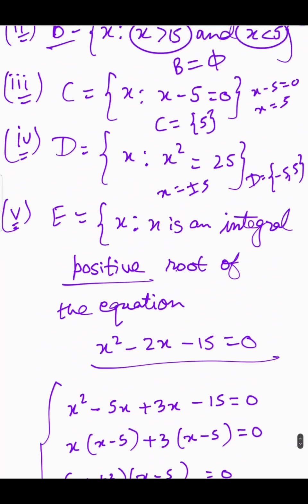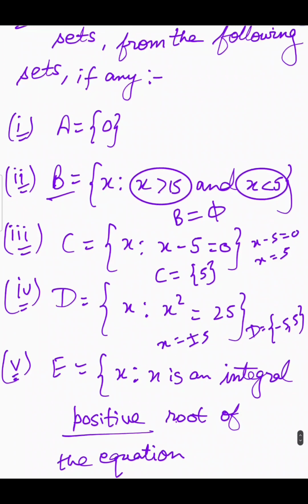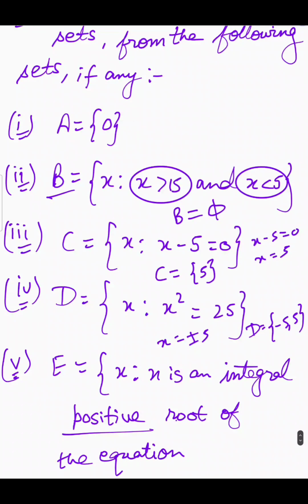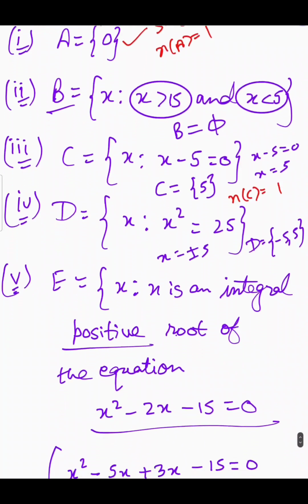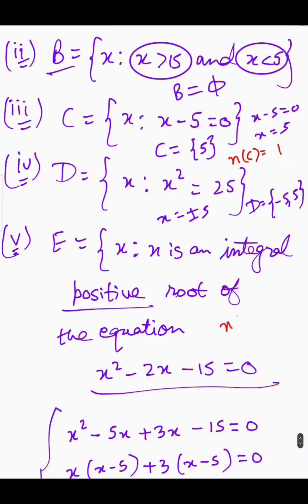Are there any equivalent sets also? Let's see. A is a singleton, means n of A is equal to 1. Now n of C is also equal to 1, right? And n of E is also equal to 1.